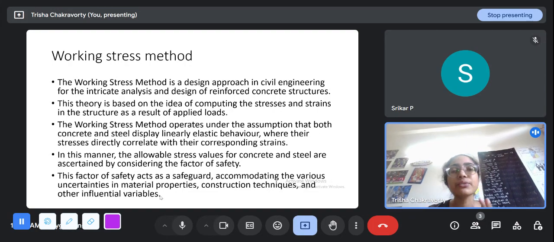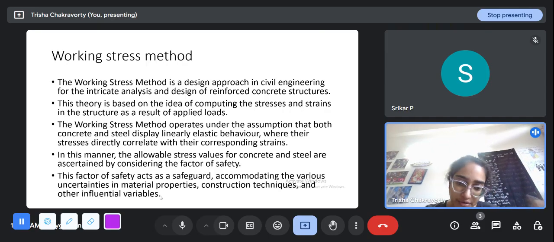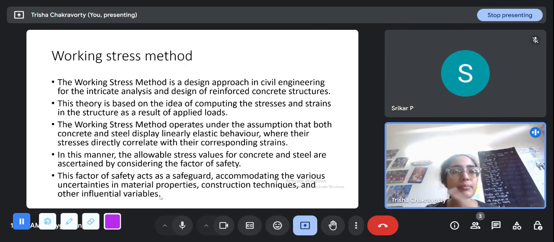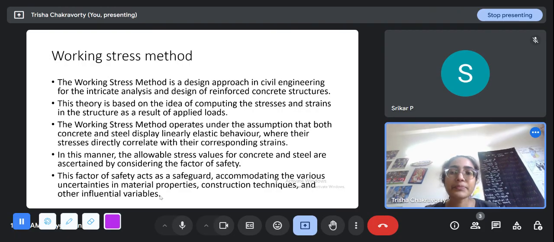For that we are using an approximate empirical formula. So the more mathematical model also has uncertainties. It is not just that the material yield stress and ultimate stress will have uncertainties. There can be so many sources of uncertainty. So this factor of safety is very important. In the working stress method, it is applied on the material, so it is applied on a capacity term.